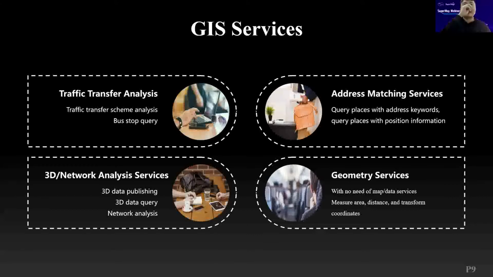And next is the 3D analysis service. The 3D service and the 3D network analysis service. As we mentioned yesterday, SuperMap's product is 2D and 3D integration. So not only can 2D spatial data be published as a service, we can also support the 3D model and publish it as a 3D service.